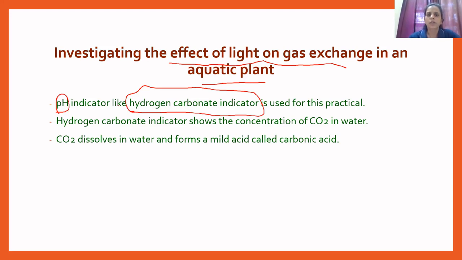Now, the purpose of using this hydrogen carbonate indicator: it is a pH indicator, and it actually shows the concentration of carbon dioxide gas in water. Whenever carbon dioxide gas is produced in the process of respiration, or any carbon dioxide gas which is present in the air, it dissolves in water.